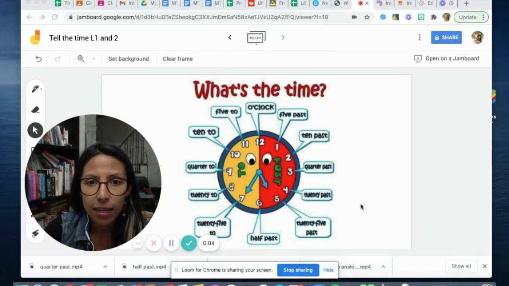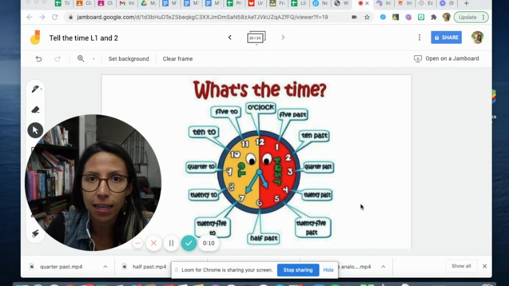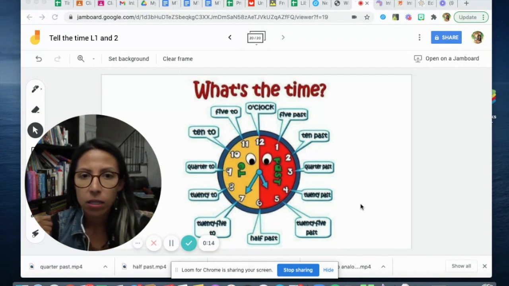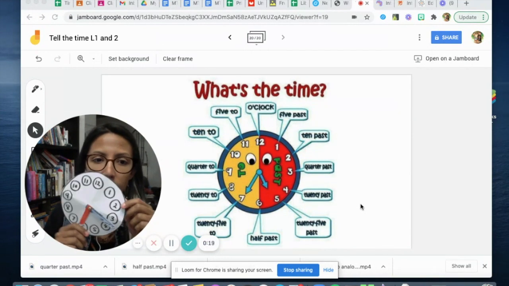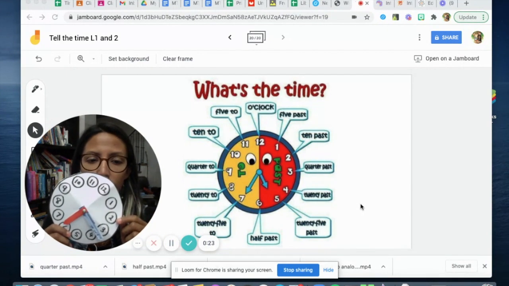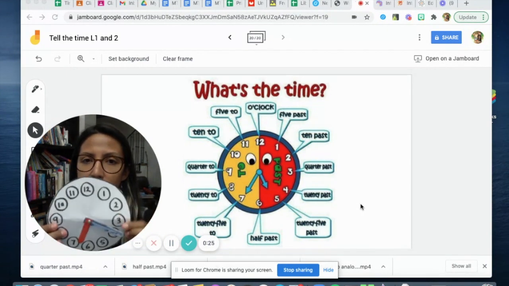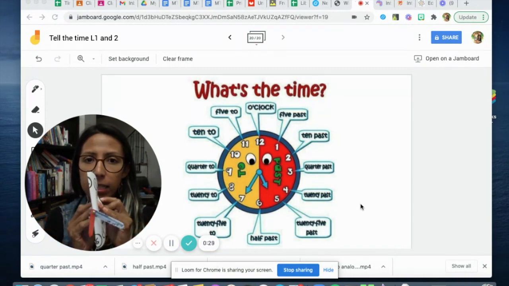So look at this clock, and this is going to help you with all this idea of past and to. As you can see, in English and also in Spanish, I think, we divide our clock as if it was a pizza, by half, right?